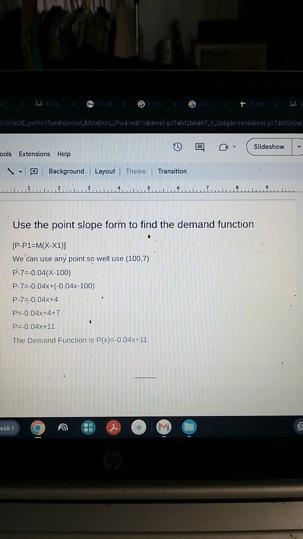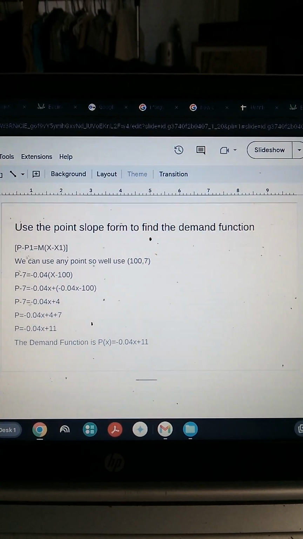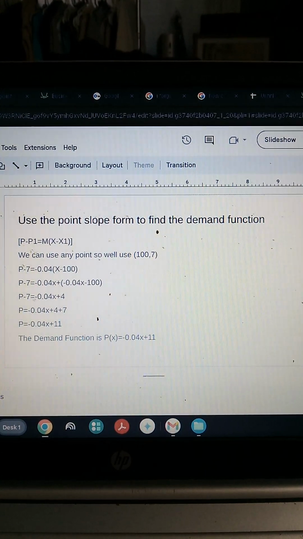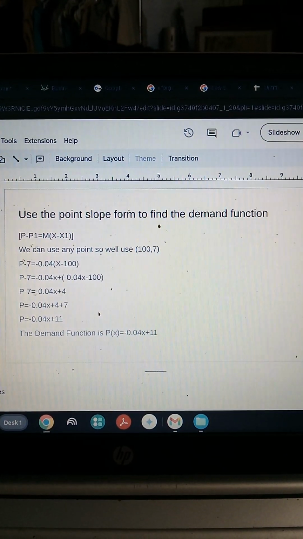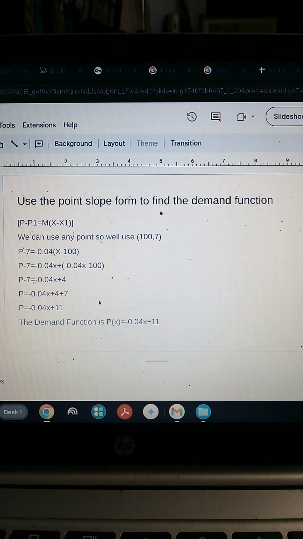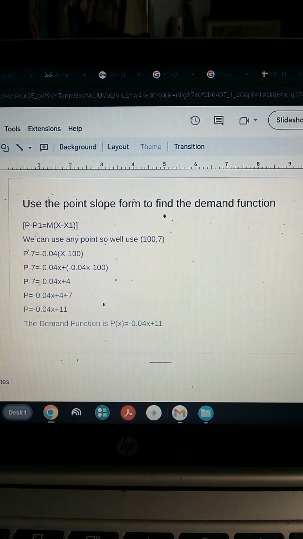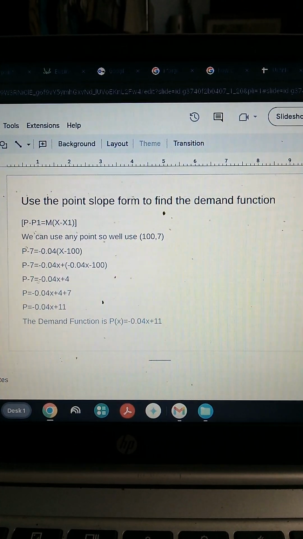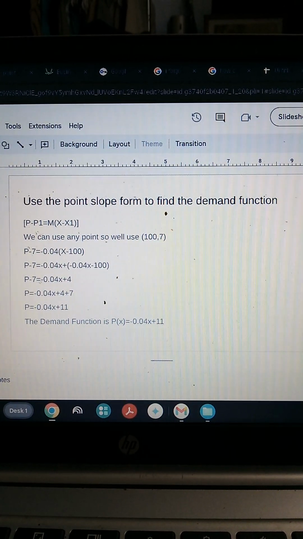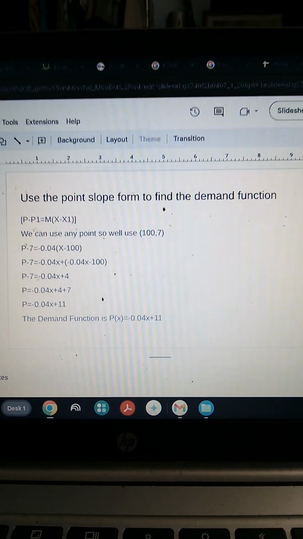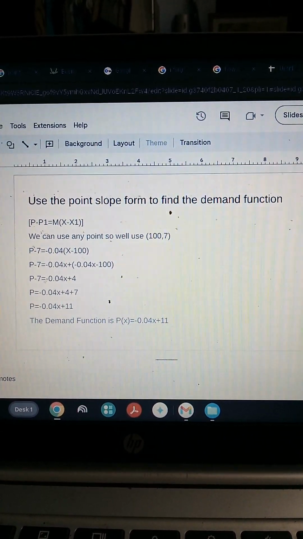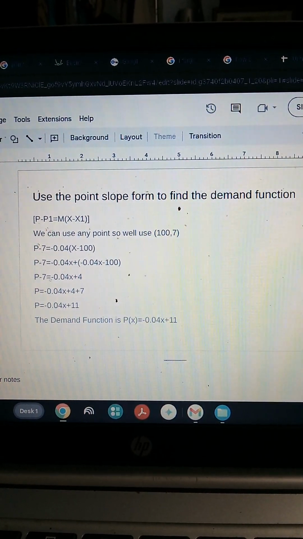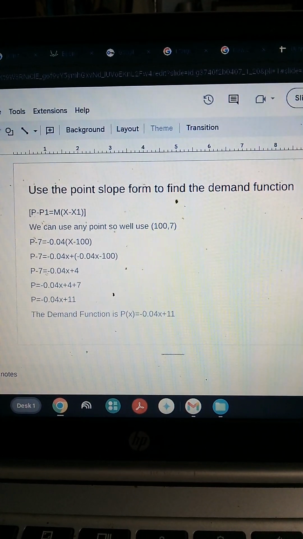The next step was to use the point-slope form to find the demand function, P minus P1 equals m times (x minus x1). I chose to use the point (100, 7). So we just plug those coordinates into the formula. You can see right there, P minus 7 equals negative 0.04, which is the slope, times (x minus 100).